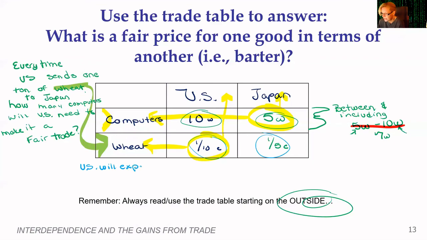That's what makes it a fair trade. So the trade table also can tell us what is fair, okay? And remember, this is like a number line. So between those 2 points and including the endpoints as well.